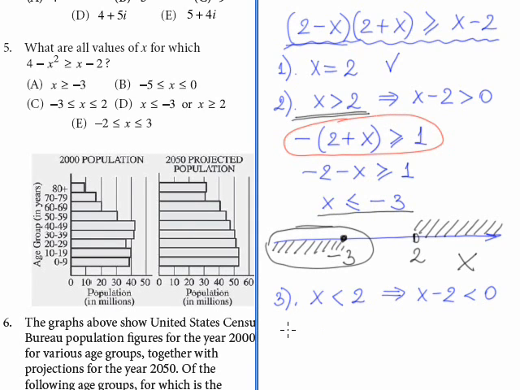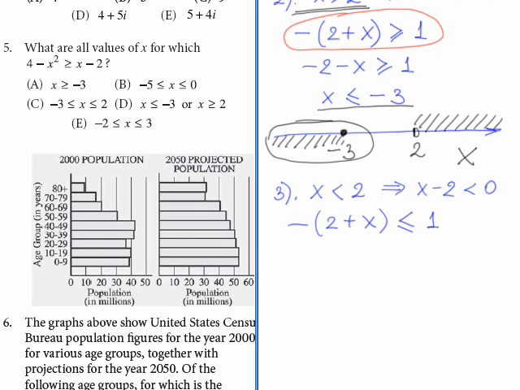So minus 2 plus x is less or equal to 1, and we already found the solution here. So we only have to change the sign of it in this case. So we obtain that x is more or equal to minus 3.